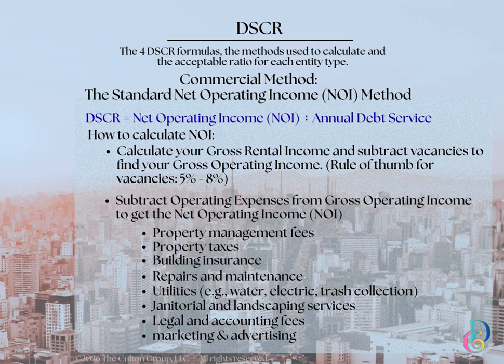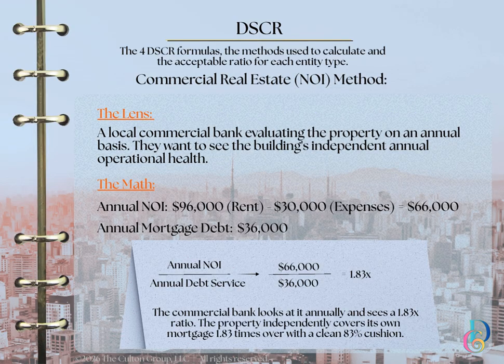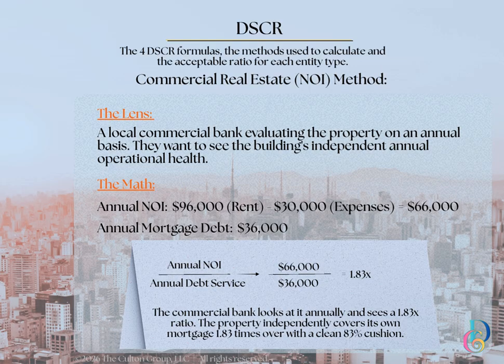And now that you have the NOI, you're going to divide that by the total debt service. Your principal. All right, you've done the math, and now you have your NOI. Your annual NOI, which is 96,000 rent, minus 30,000 in expenses equals 66,000.